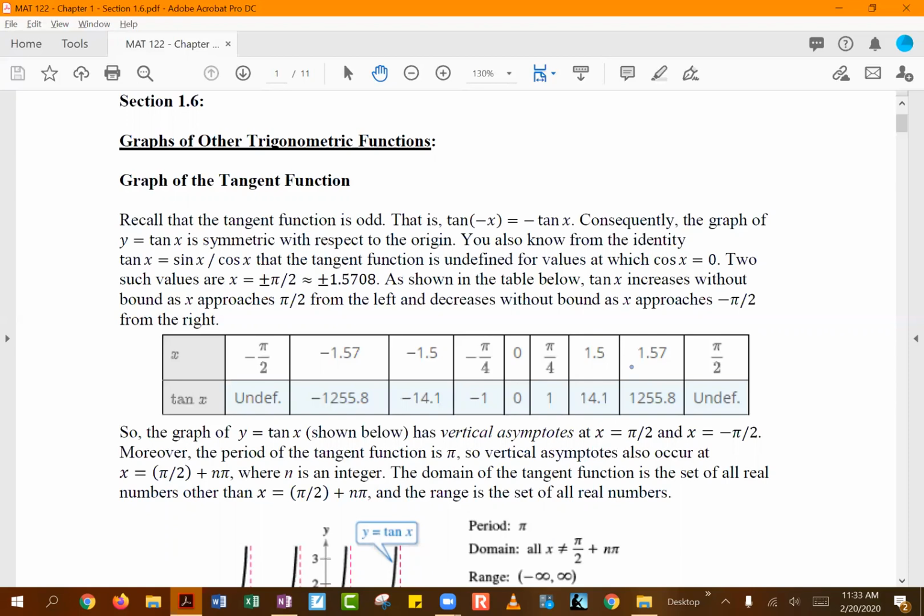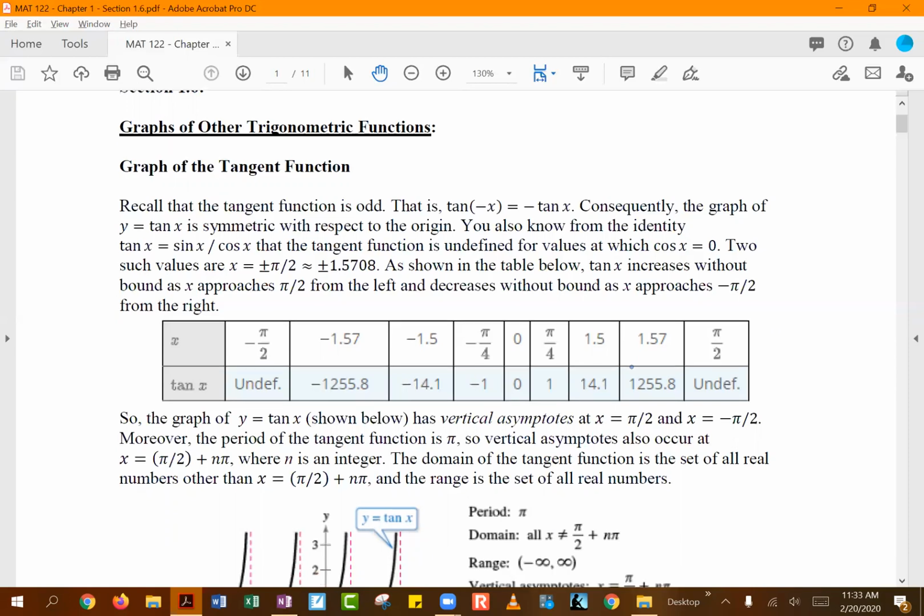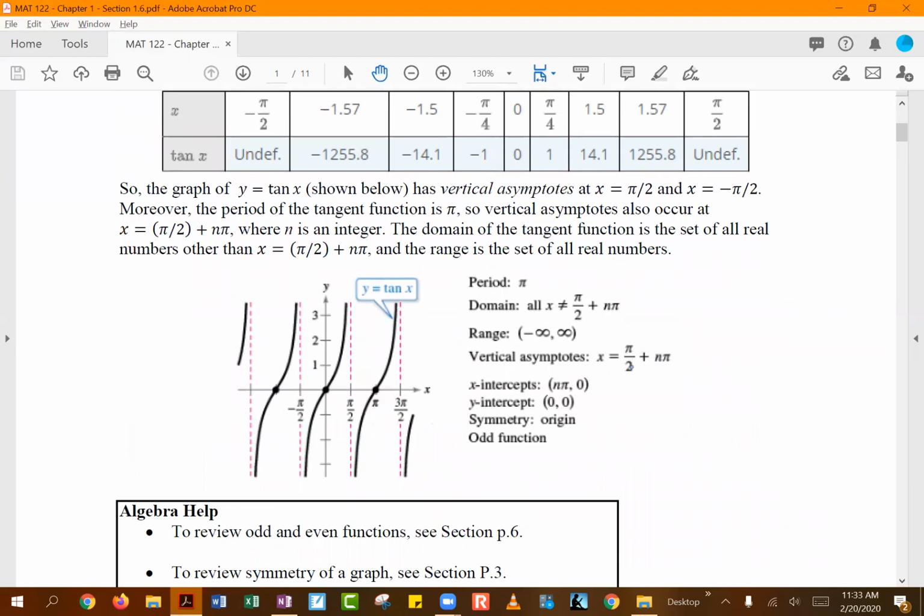So you will actually notice at those places where our tangent function is undefined, you should remember asymptotes from college algebra. So you're actually going to have asymptotes at all of those places where the tangent function is undefined. And that's the reason why the tangent function is not going to be that smooth wave function like we have for sine and cosine functions.